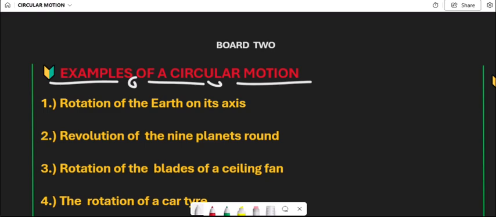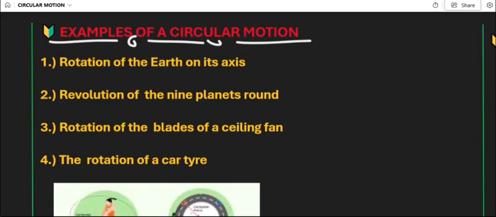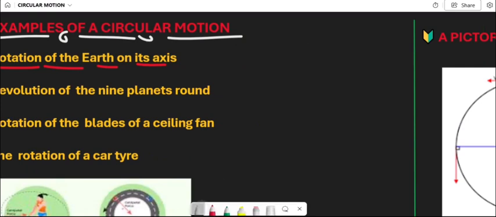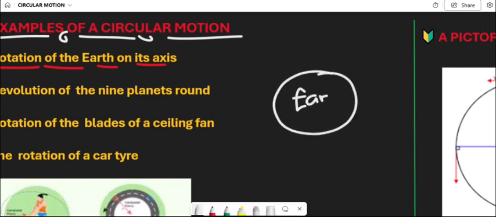Okay, the next thing we have is the examples of circular motion. What are the examples of circular motion? There are various examples of circular motion, but with these few ones I believe you can understand better. We have the rotation of the Earth on its axis. Now, the planet Earth is elliptical in structure, and the planet Earth can rotate on its axis.